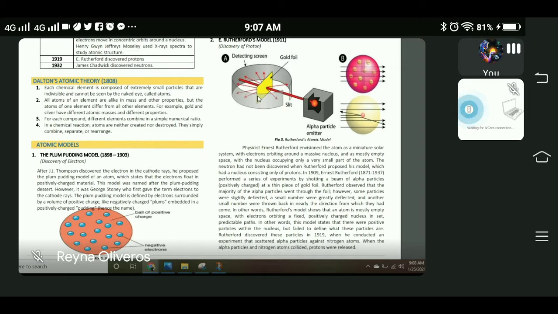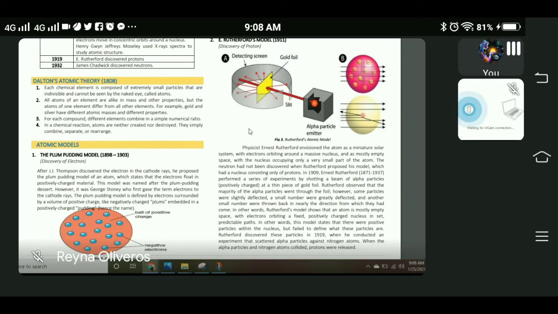So Rutherford observed that the majority of the alpha particles went through the foil. However, some particles were slightly deflected. A small number were greatly deflected and another small number were thrown back in nearly the direction from which they had gone.